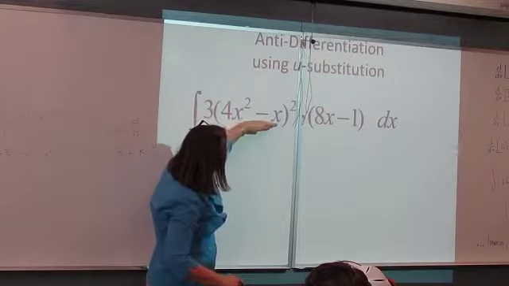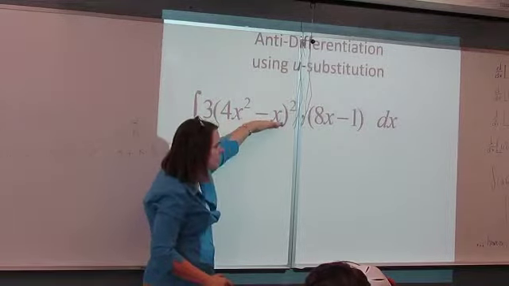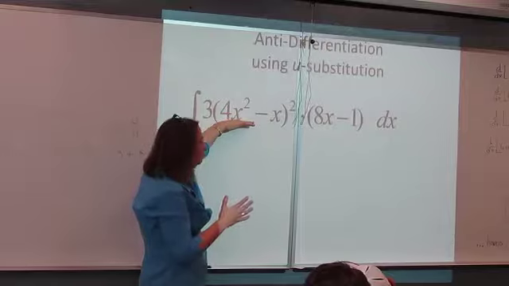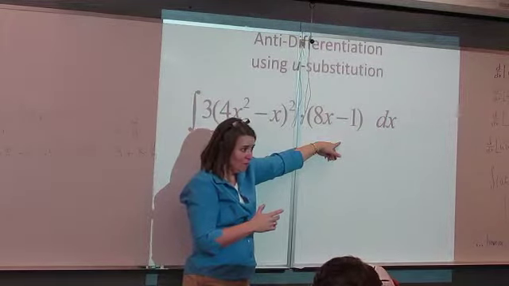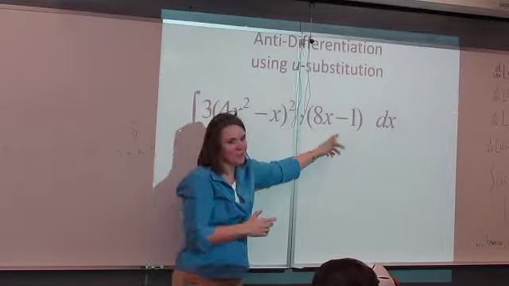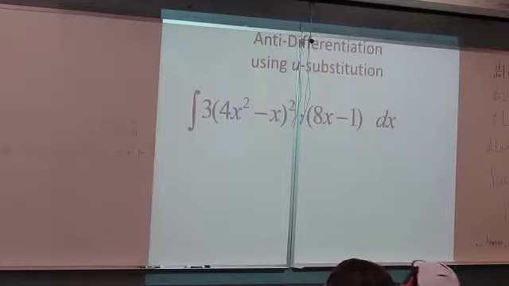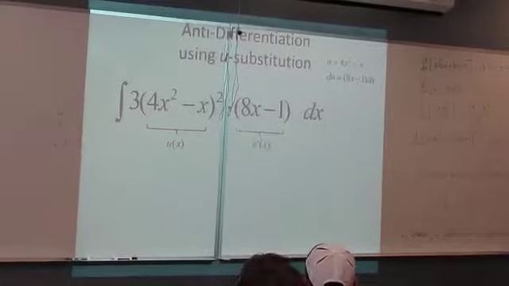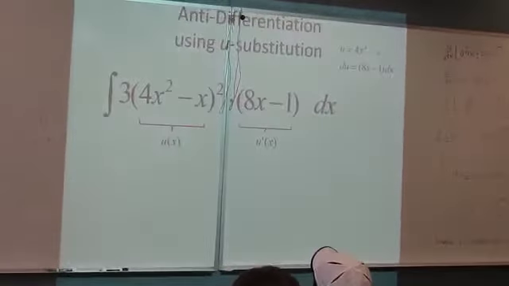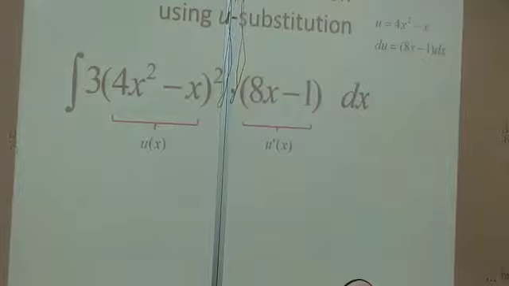And I kind of look for an inner function. Okay, it's quadratic. And is there the derivative of the inner function? Yeah. So this is set up. So we're trying to recognize an inner function u, looking for u prime, hoping.